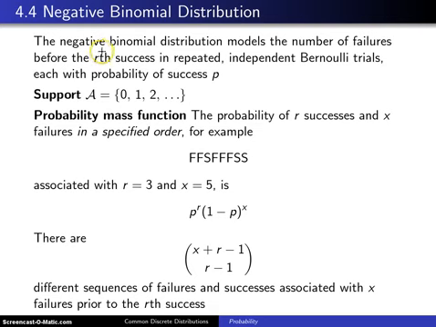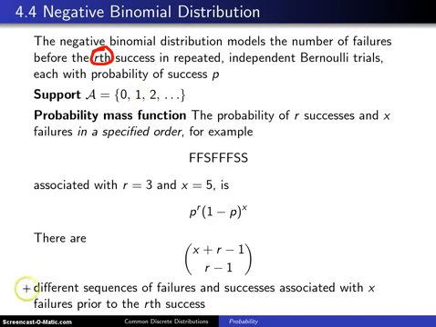So this sounds a lot like the geometric distribution, but instead of the number of failures before the first success, now that's being generalized to the number of failures before the rth success. Once again, the support will begin at 0 and go to infinity, because you could have 0 failures before the rth success, or 1 failure before the rth success, etc.